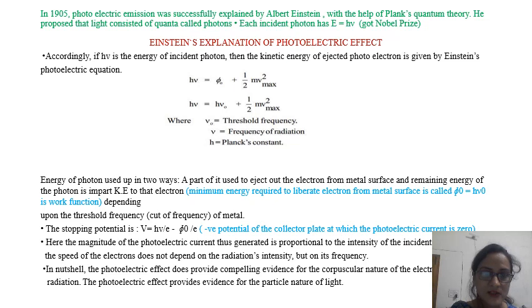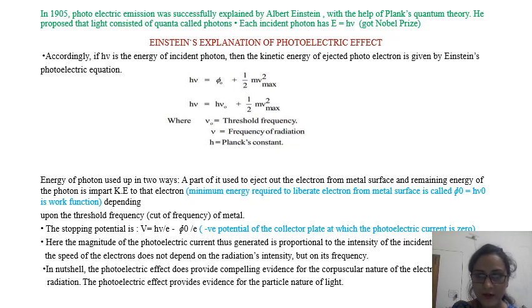Accordingly, if h nu is the energy of the incident photon, then the kinetic energy of the ejected photoelectron is given by Einstein's photoelectric equation. This involves the energy of incident radiation, the work function, and the kinetic energy of the photoelectron. The energy of the photon is used up in two ways.